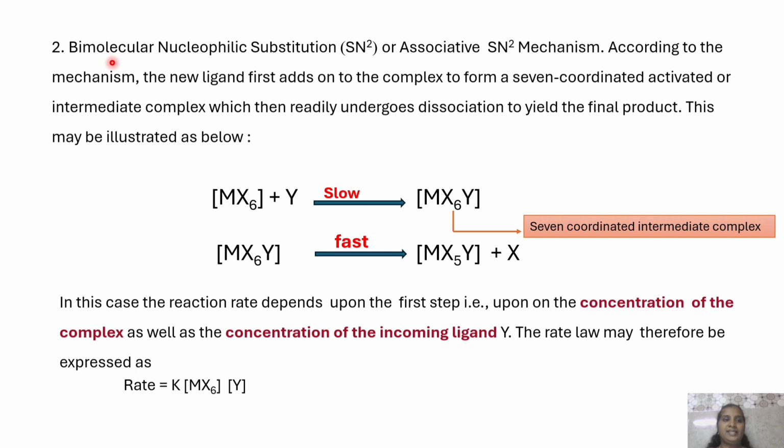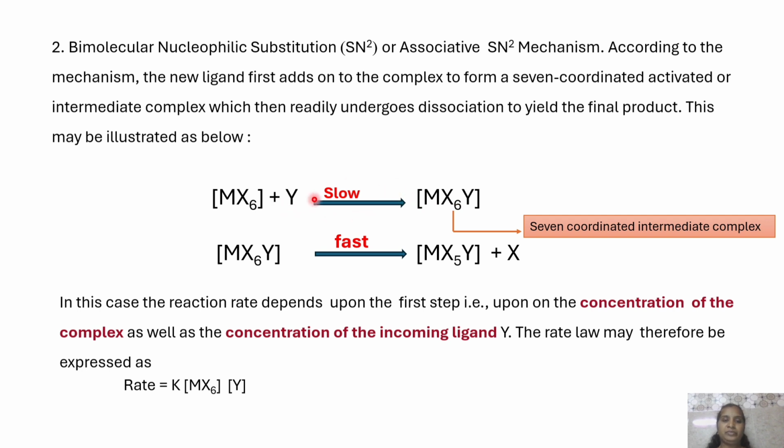The second mechanism is bimolecular nucleophilic substitution, or the associative SN2 mechanism. According to this mechanism, the new ligand first adds onto the complex to form a seven-coordinated intermediate complex, which readily undergoes dissociation of a ligand to form the final product.